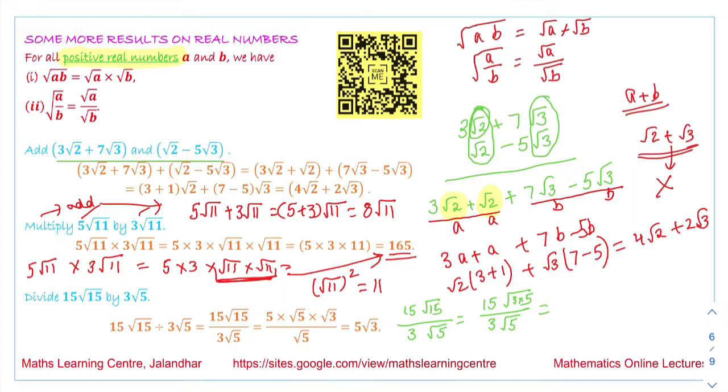Now we are using the property that it is 15 square root of 3 into square root of 5, because both these numbers are positive, so we can write the radical sign over root 3 and root 5. In the denominator we have 3 root 5. So square root 5 gets cancelled, and we are left with 5 root 3. This is 3 5s are 15. So we are left with 5 root 3 here. This is our answer.